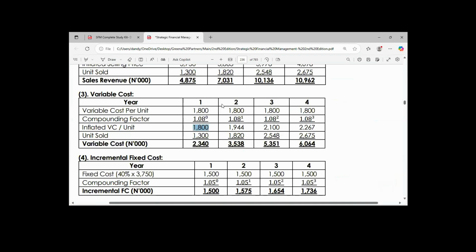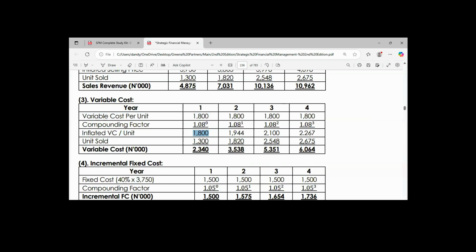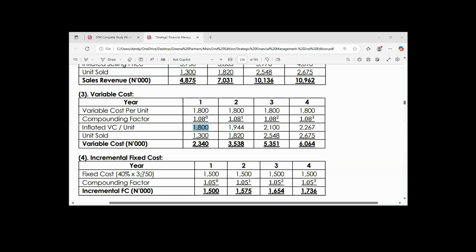To get the variable cost for the second year, since the inflation rate is 8%, I will say 1800 multiplied by 1.08. Sorry, I made a mistake. 1800 multiplied by 1.08.